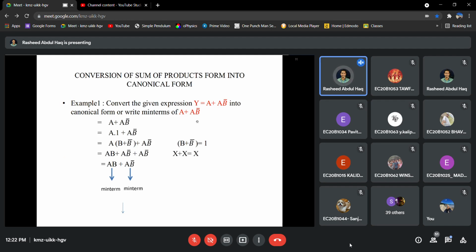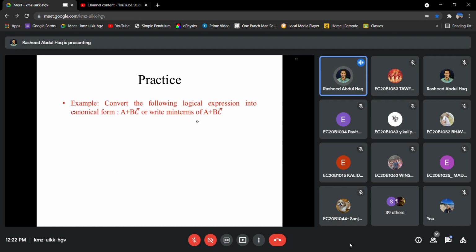You can see this and do it in this way. Hope you have noted down the question A plus BC bar. From the question itself, it is clear that it has three inputs.